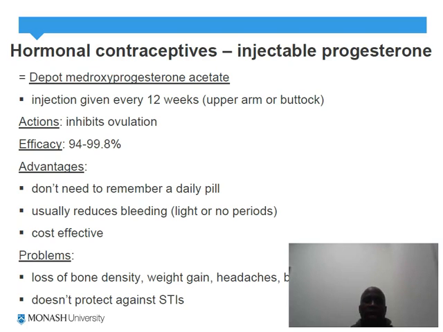Okay, and how does it work? Basically, it inhibits ovulation, and its efficacy is between 94 and 99.8%. Again, it has advantages. For example, you don't need to remember a daily pill once you have such an injection, and it usually reduces bleeding to light or no periods. It's also cost effective, just like the previous one.